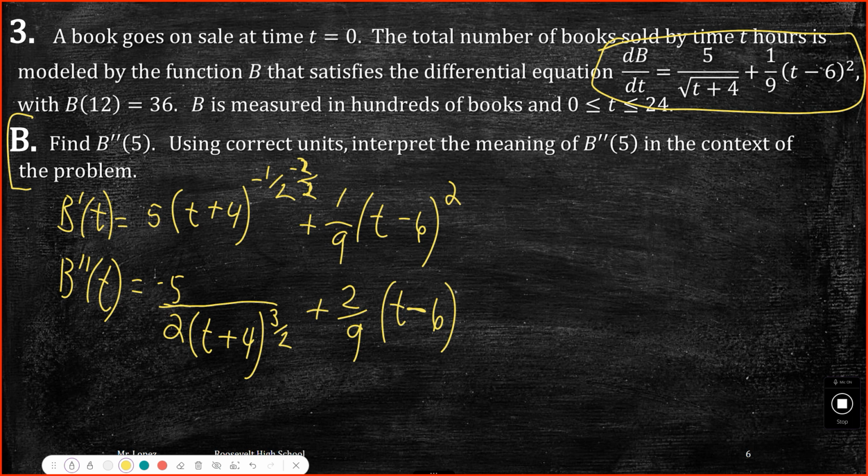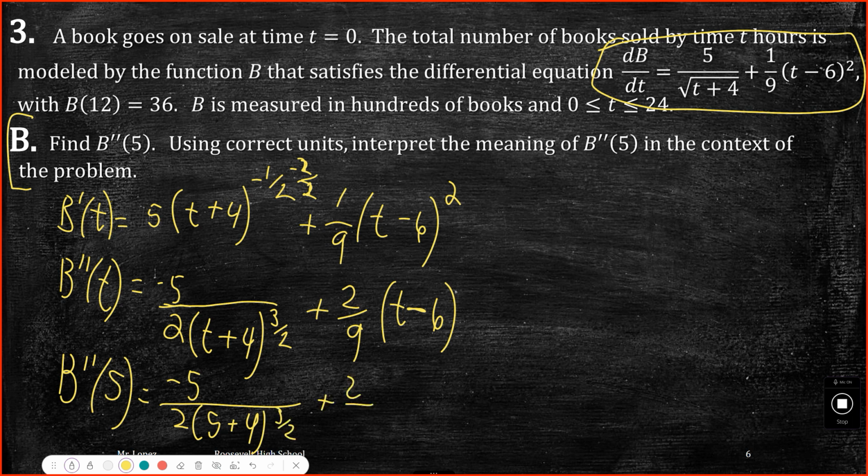And now we can evaluate it at 5. B double prime at 5. So 5 plus 4 at the bottom is 9.